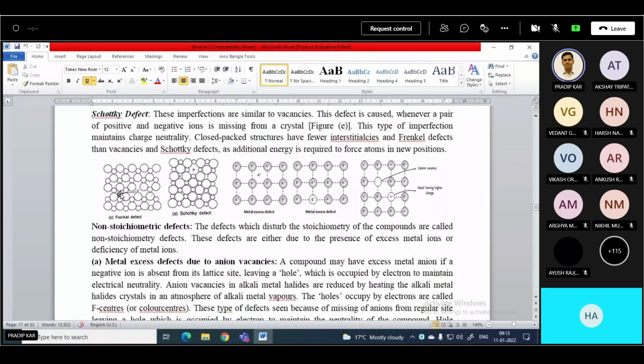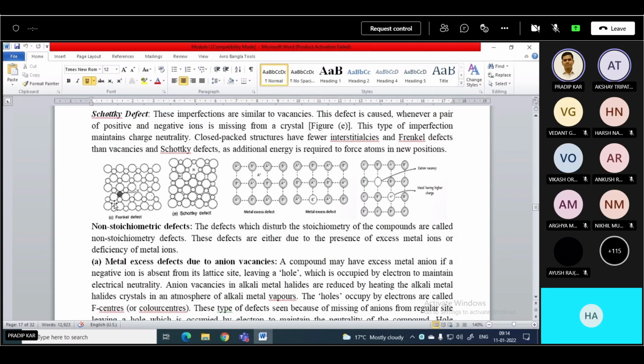So the total number of cations and anions is exactly the same. One vacant space is created due to moving to the new site, and at the interstitial position extra strain or hindrance is developed. In ionic solids, this defect is common because the cation is of very small size with respect to the anion, and that is why the cation can easily be accommodated in an interstitial position.